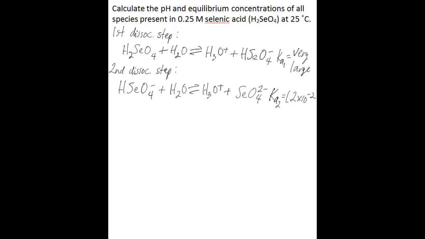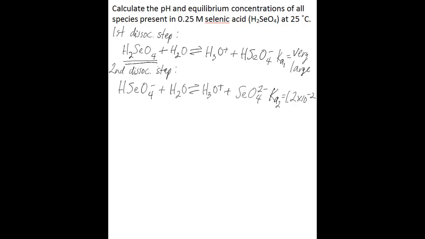Because selenic acid is essentially 100% dissociated based on the very large Ka value of the first dissociation step, the species present initially do not include H2SeO4 because it pretty much immediately dissociates when it's dissolved in water.